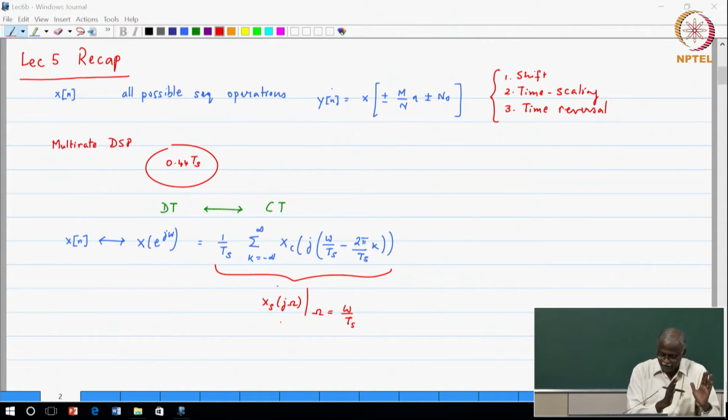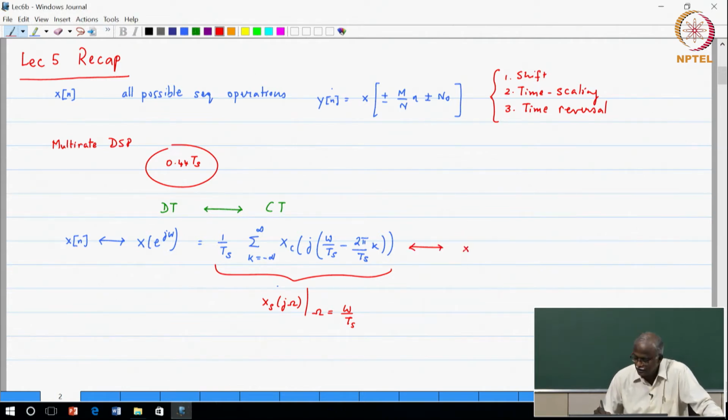So, you can relate the discrete time Fourier transform and the continuous time transform through this link, because this is related to the sampled signal xs of t. So, ultimately x of n and xs of t are linked. That is our ultimate element.